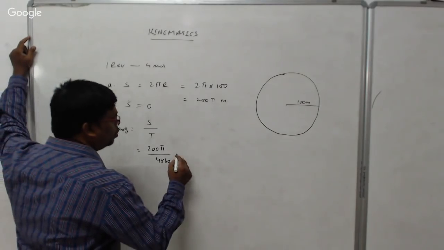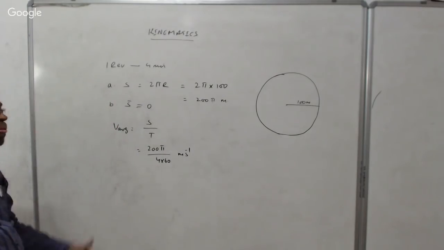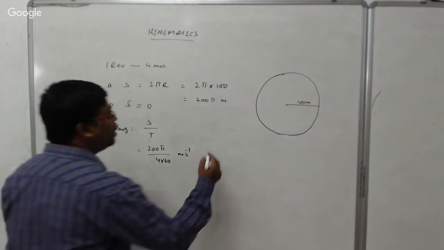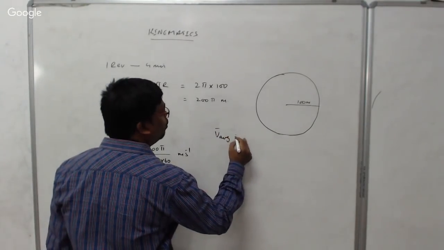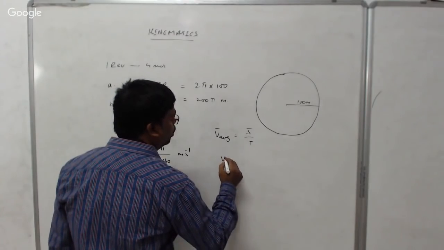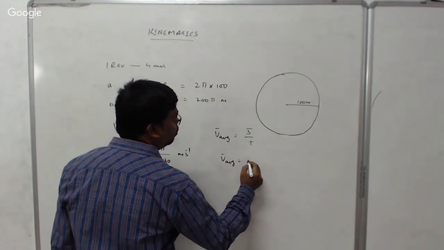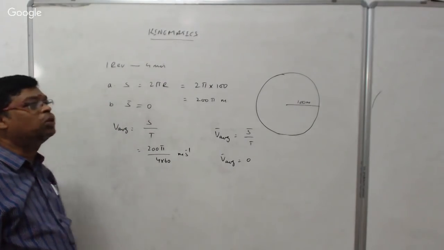Okay. So, meter per second. And what is average velocity? V average is equal to total displacement by total time. Therefore, average velocity is equal to 0 because displacement is equal to 0.